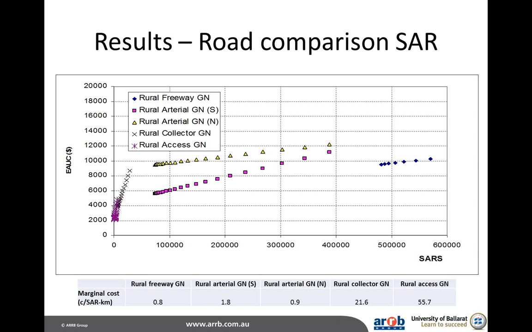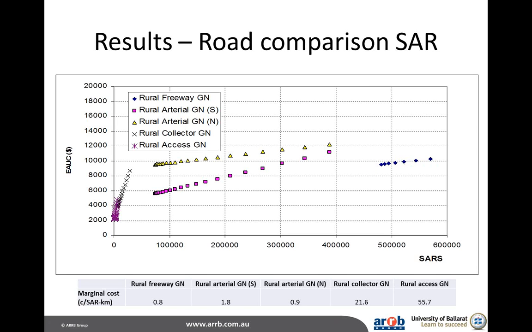As expected, as loads increase on the rural access road, it reacts very quickly because it is not a very strong pavement, and therefore we have a very high marginal cost. Moving up in strength, we have our rural collector and our rural arterials, both of which have a lower marginal cost, and our rural freeway, which has the lowest marginal cost.